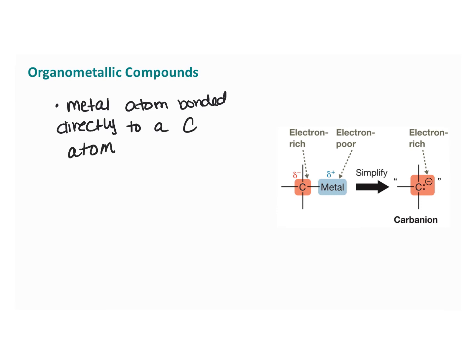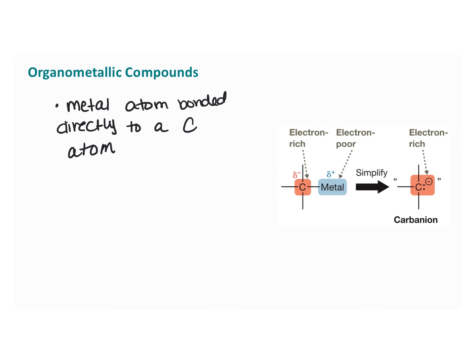Examples include alkyl lithium, alkyl magnesium halide, which are also called Grignard reagents, and we're going to look at more Grignard reagents in the next page, and then a lithium dialkyl cuprate ion. These kinds of organometallic compounds are really super useful reagents for forming new carbon-carbon bonds, which we're going to discuss in Chapter 11.